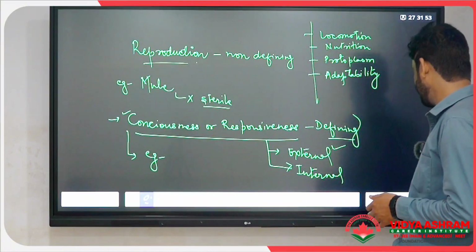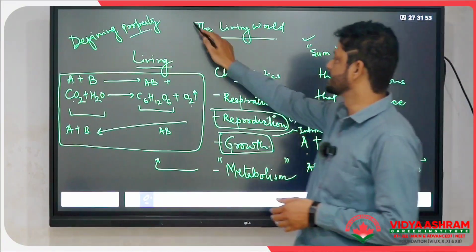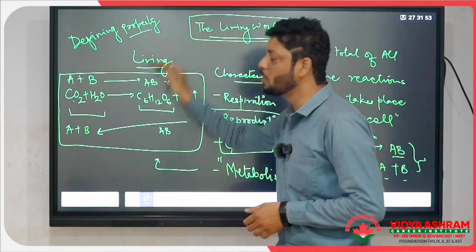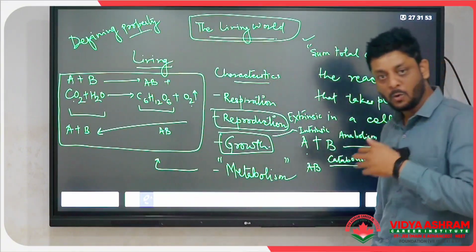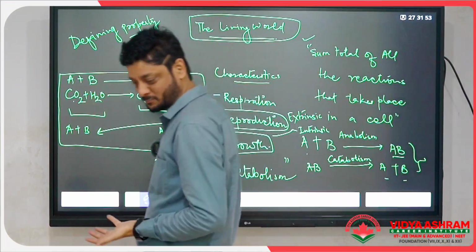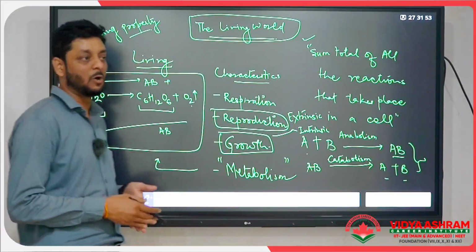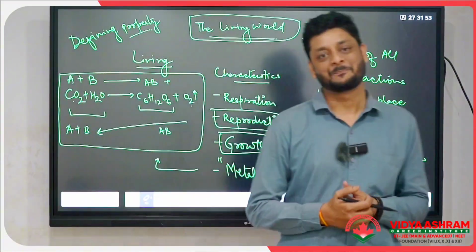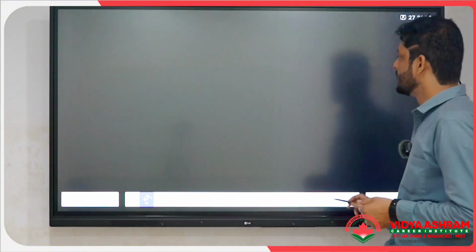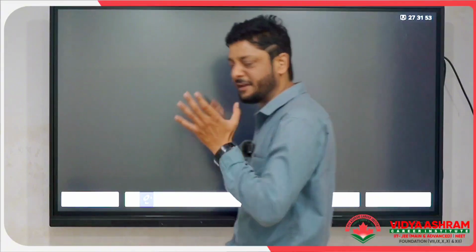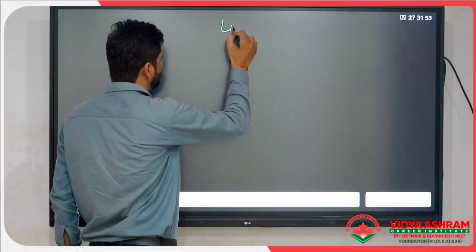What other things do we have to understand in this chapter? How would we study the living? How would we summarize all these living organisms?